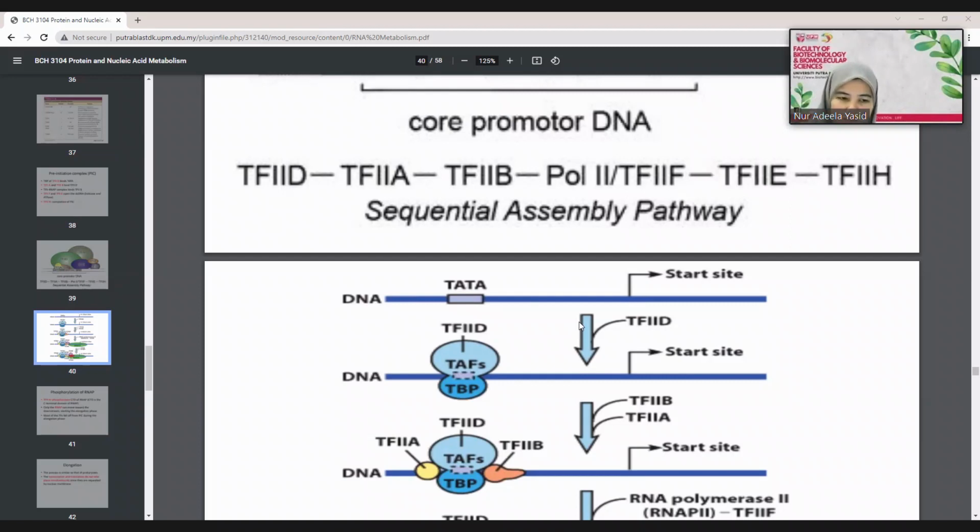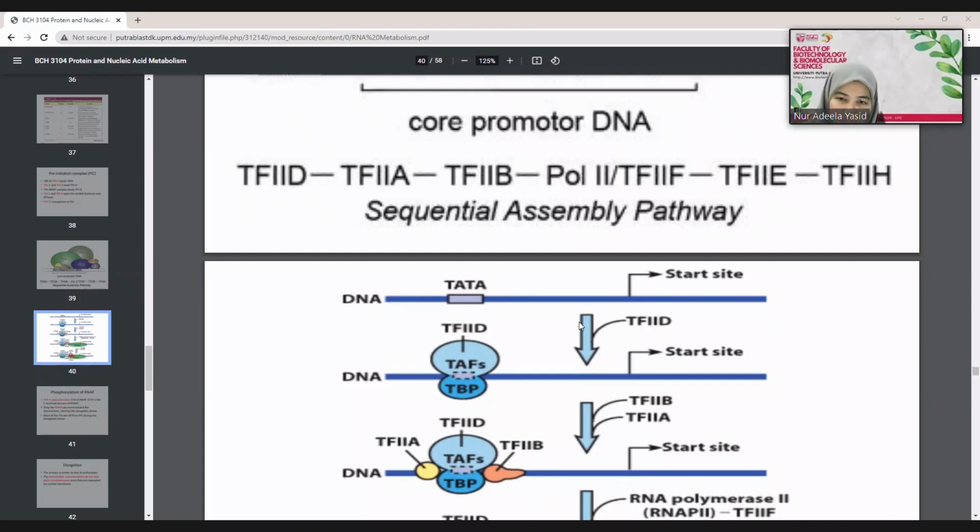But in the eukaryotic system, it involves 6 different transcription factors. So this is the binding of RNA polymerase to the promoter, and it tells you the transcription process can now start and begin.